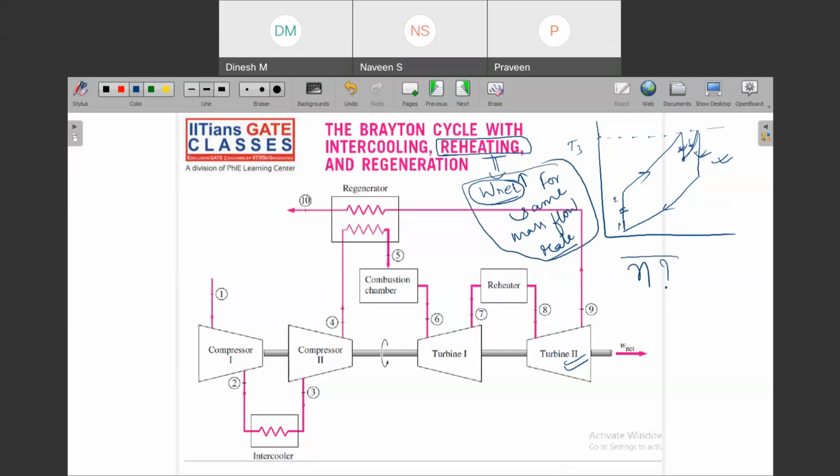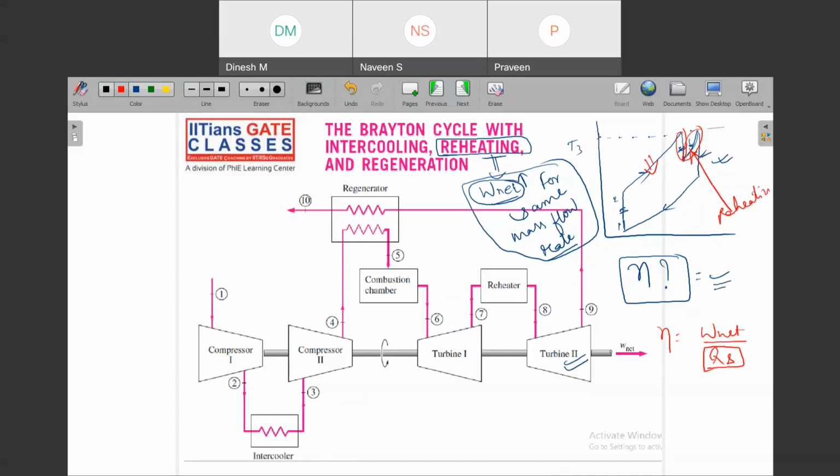We cannot say what happens to this one. Why? Because this will depend upon the amount of reheat you have supplied. Efficiency is nothing but W net upon Q supplied. But what you have done here is that your Q supplied has increased, because you have supplied heat once here and again while reheating.